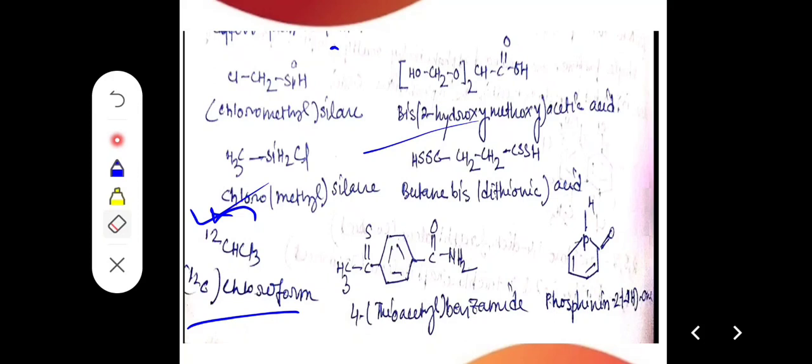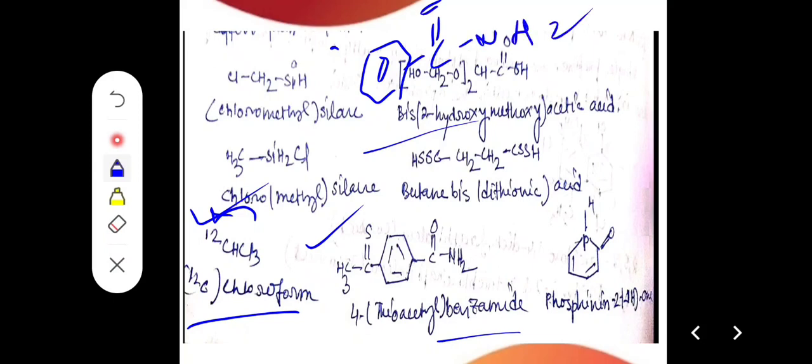So next one, that is 4 hyphen in bracket thioacetyl benzamide. If we consider this structure, the simplest structure is nothing but a benzamide, because there should be a benzene ring, and there must be C double bond O, and there should be an NH2 group. But here one hydrogen is replaced.